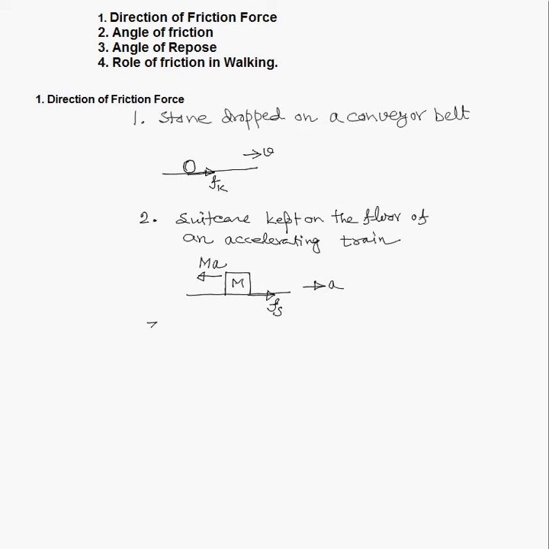Let us take a third example, an interesting example of a sphere rolling down an incline. When the sphere is rolling down the incline, its point of contact with respect to the inclined plane is always at rest.